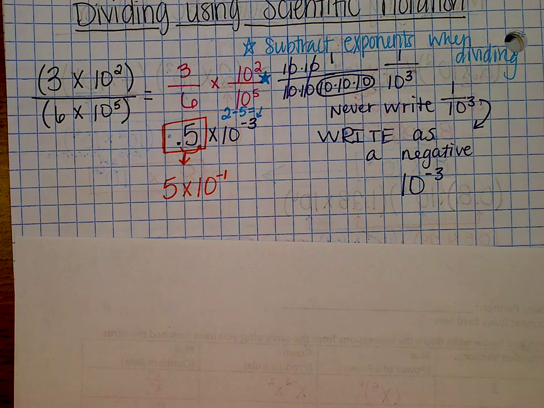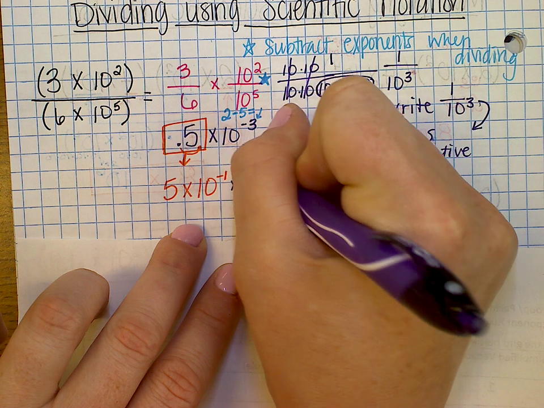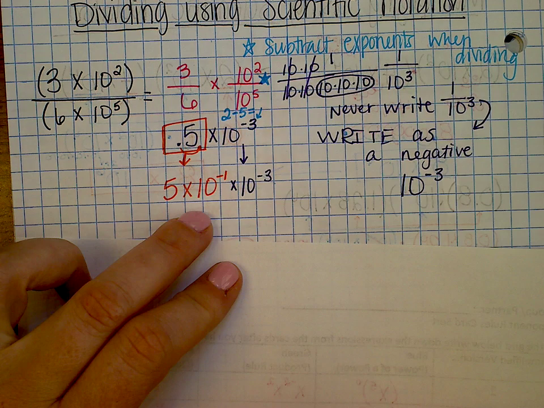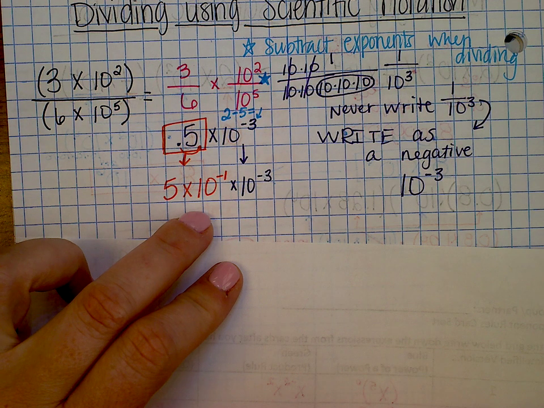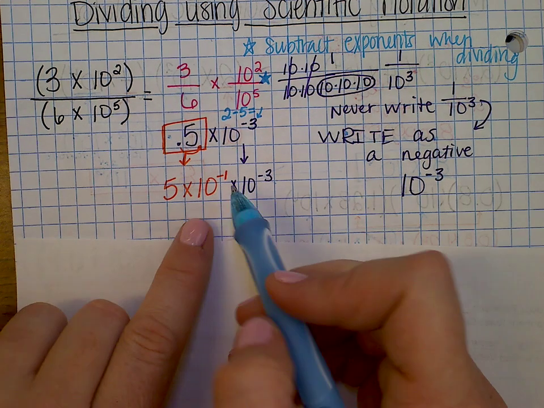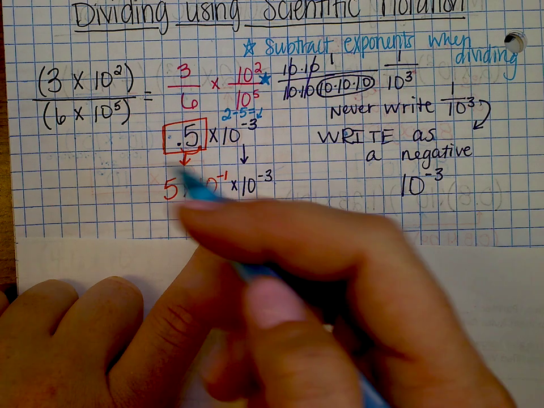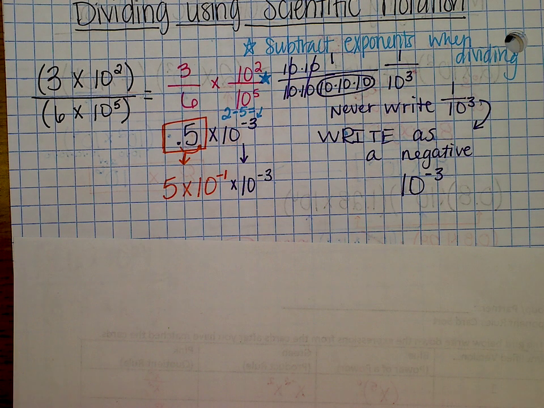And then we still have the times 10 to the negative third. Okay, so then I have 10 to the negative first times 10 to the negative third. So the 5 would stay.